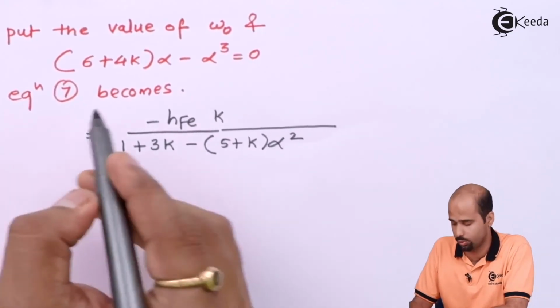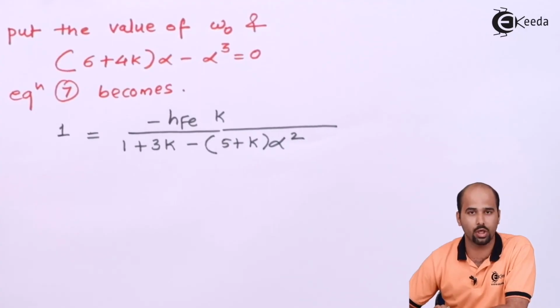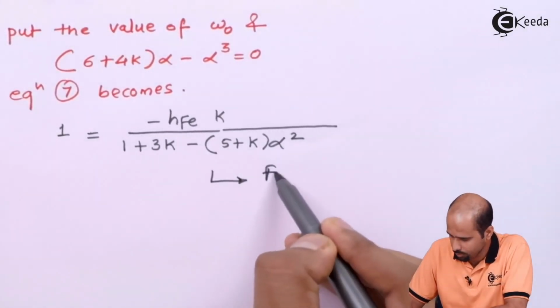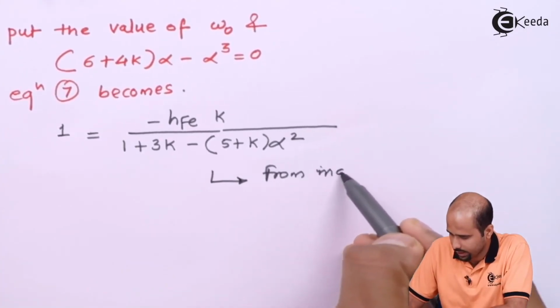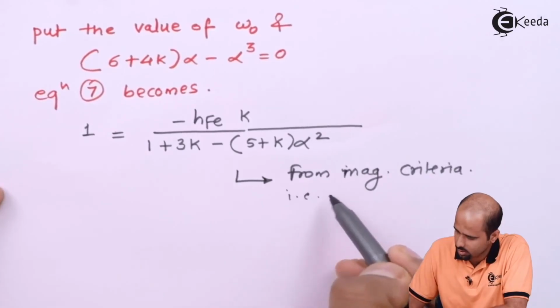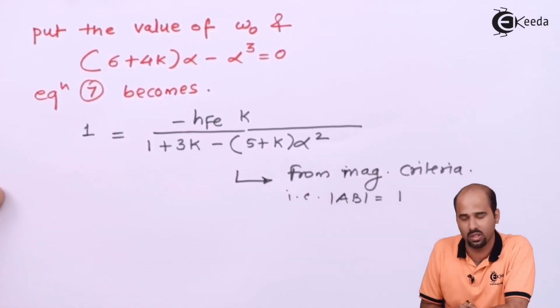That should be equal to 1, because of the magnitude criterion of Barkhausen. So from the magnitude criterion, that is AB is equal to 1, right?